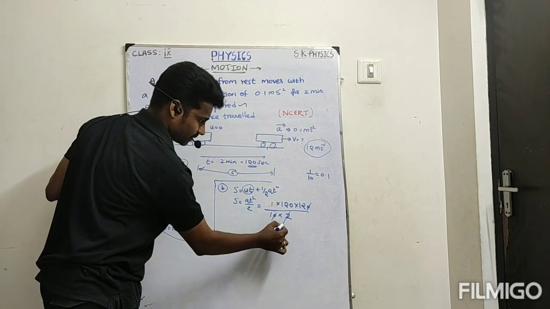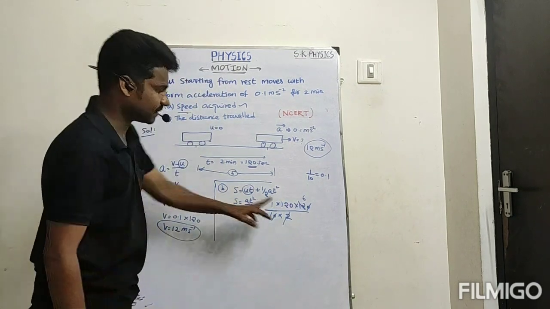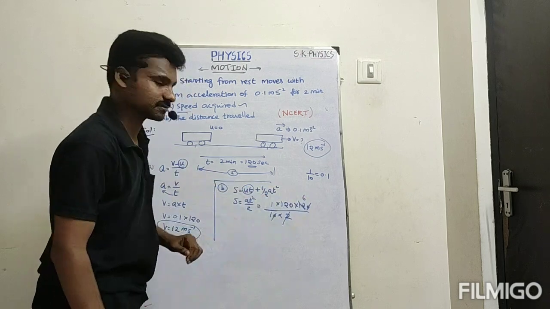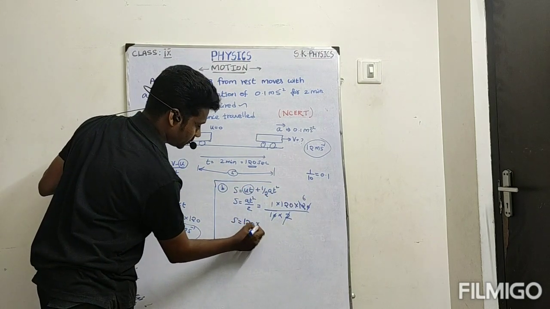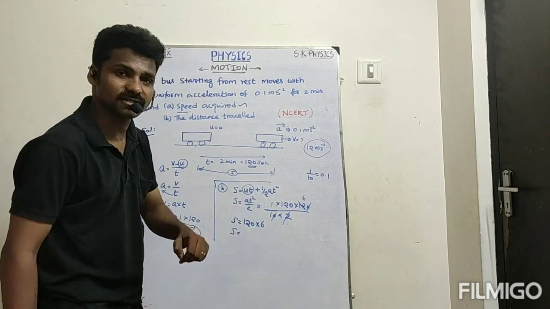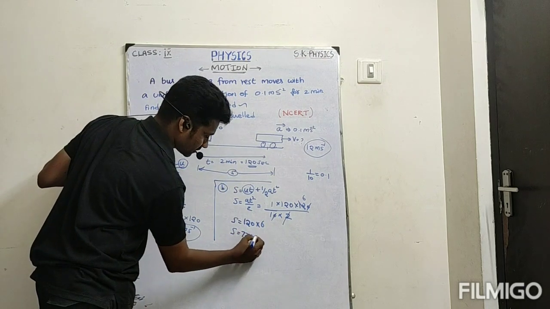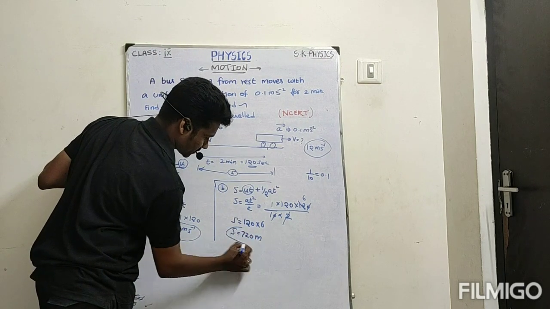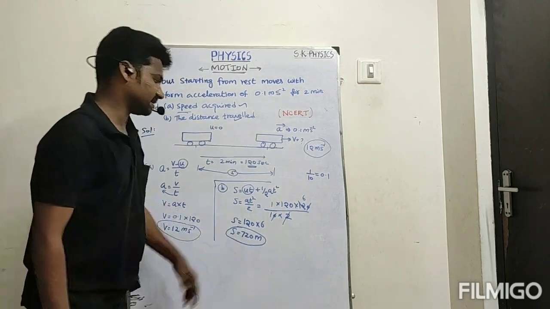Here 2 goes into 12 six times. So what is remaining is 120 into 6. So S is equal to 12 into 6, how much? 72, so 720 meter. That's all. The distance traveled by the bus is 720 meter.